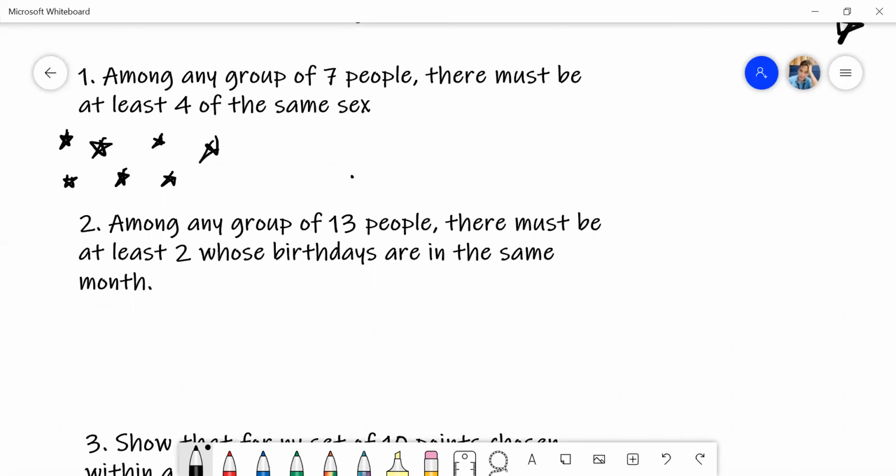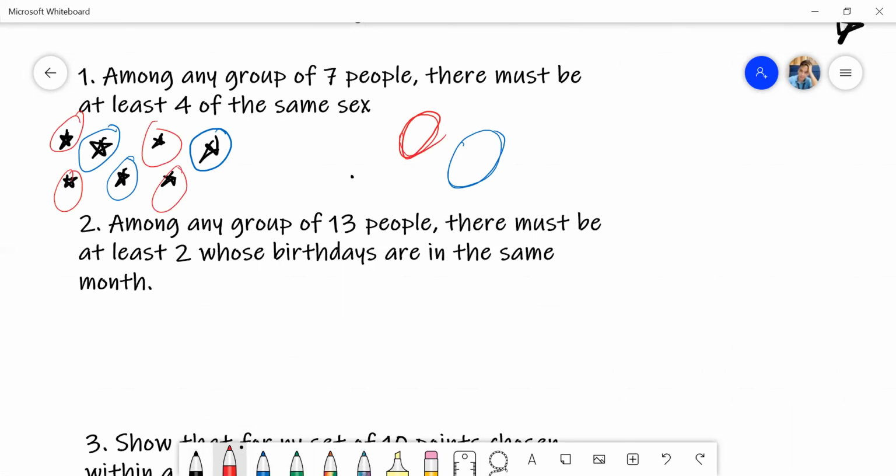I'll circle one with red to indicate that it belongs to female, and blue if it indicates male. So I'll say, for example, I select them as males. You don't have a choice, but the rest are females.